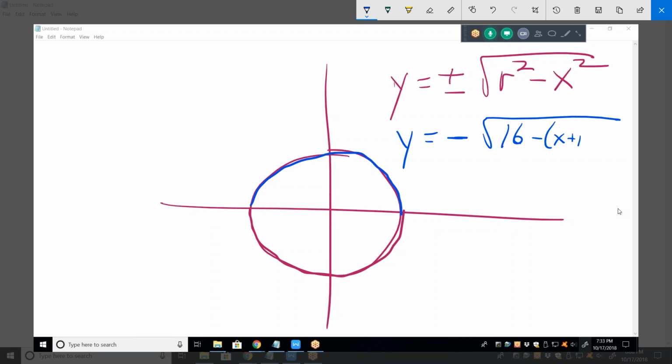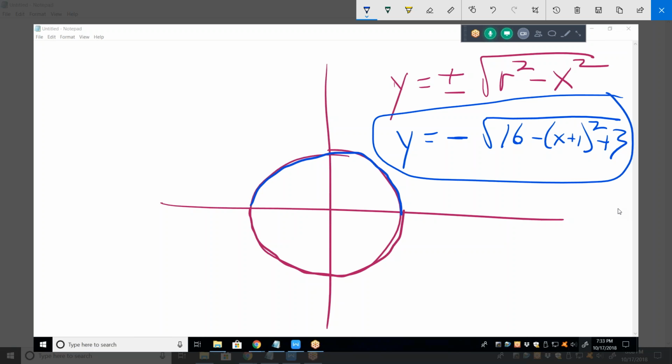Which means that they're just giving you the lower half of that circle. So what they gave you actually, and I know that 3 is outside the radical sign, was a function. It's a semicircle. And that's all. That's a very interesting problem.